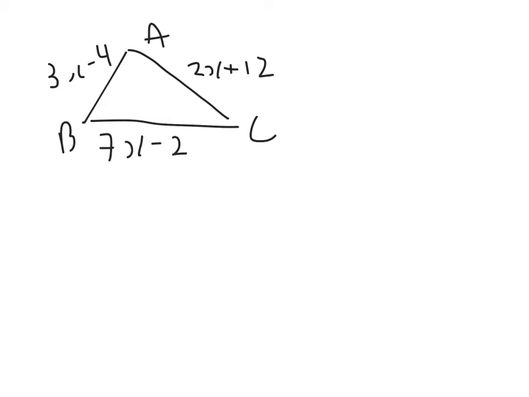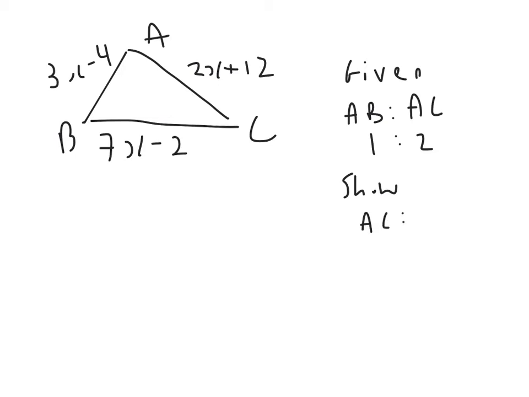Now you're told, or you're given, that the ratio of the side AB to AC is 1 to 2, and you're asked to show that the ratio of AC to BC is 2 to 3.